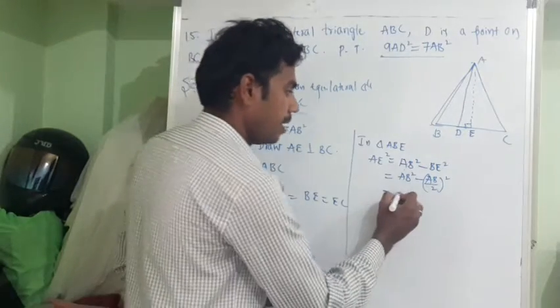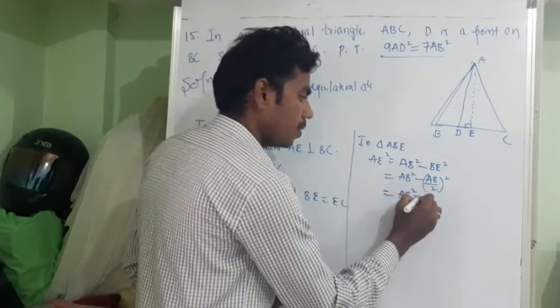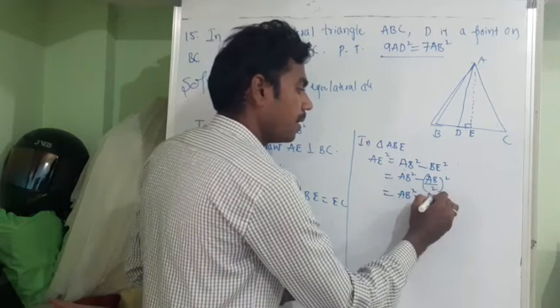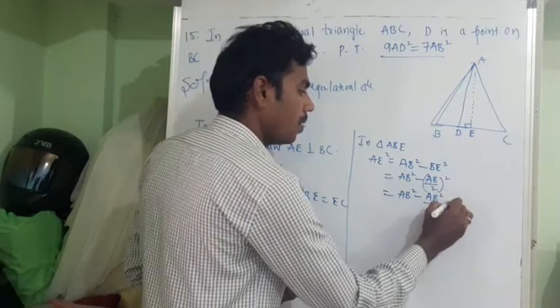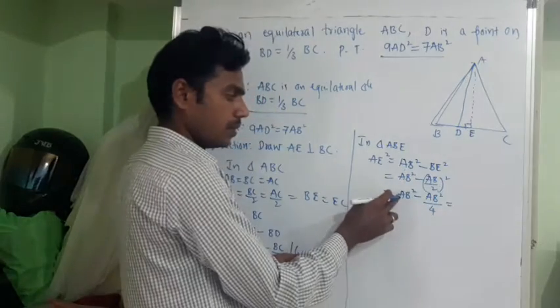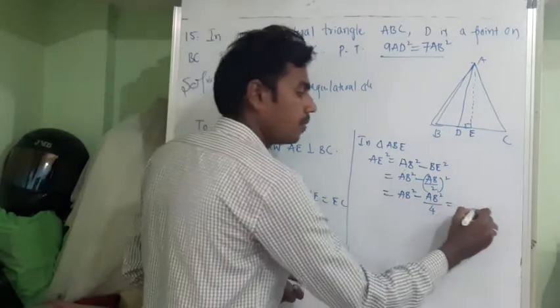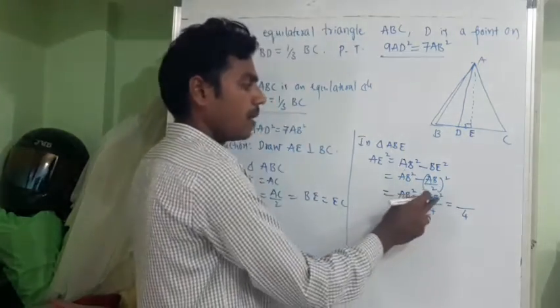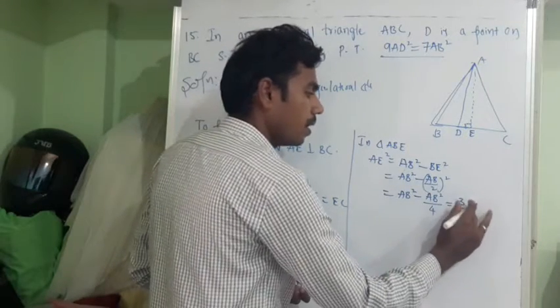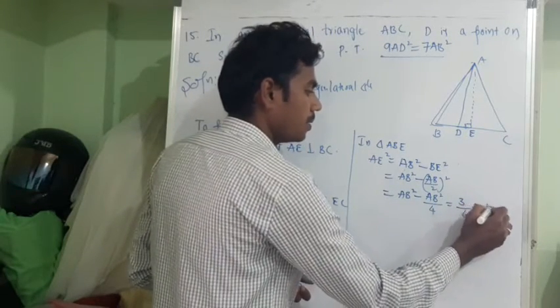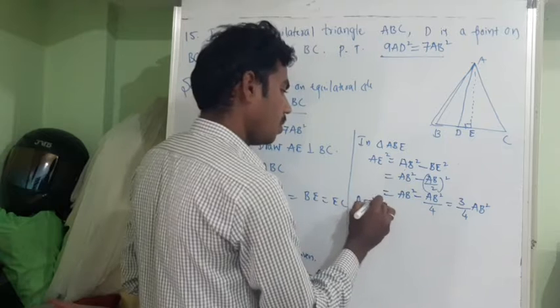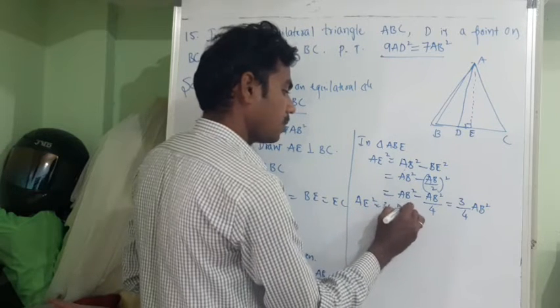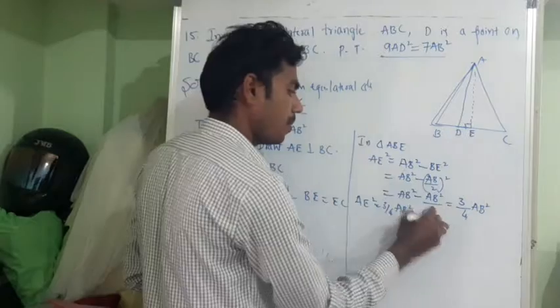So AB square minus AB square by 4. After taking LCM, 4 will be the LCM: 4 AB square minus AB square is 3 by 4 AB square. So AE square is equal to 3 by 4 AB square. This I'll call equation number 1.